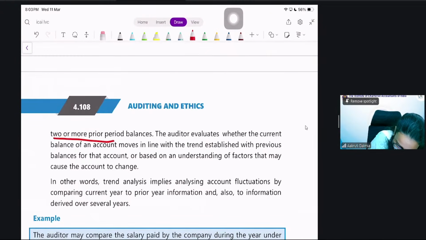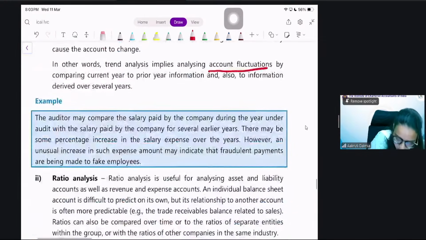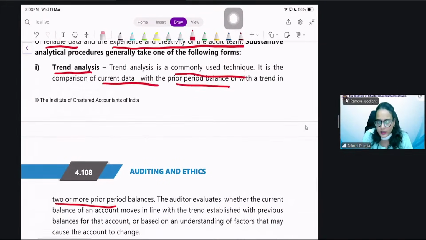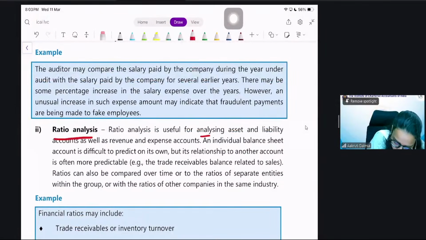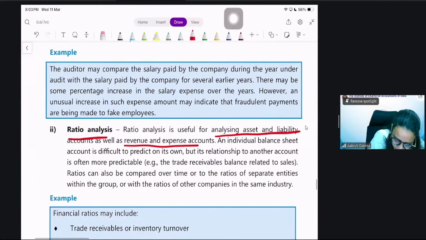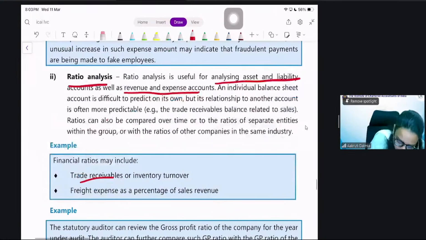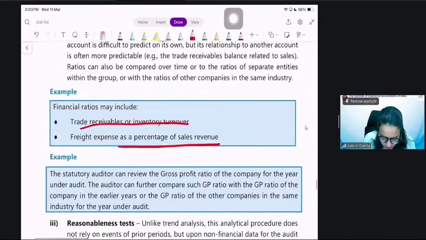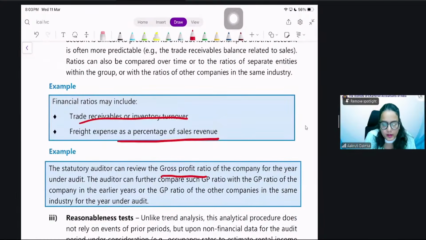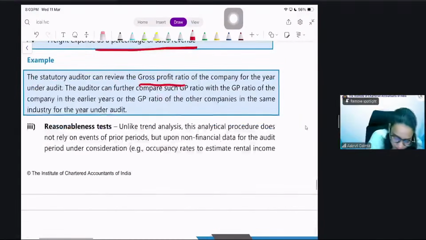Then trend analysis can have account fluctuation. All these points are trend analysis. I have explained this again and again. I'm not repeating it now. Ratio analysis, again, analyzing asset and liability as well as revenue and expense by doing different kinds of ratios. Trade receivables inventory ratio, freight expense to sales ratio, GP ratio, all these things are ratio analysis.